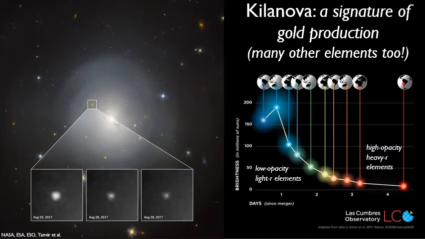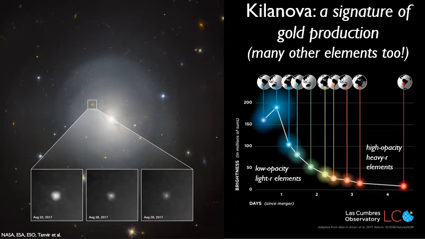And in terms of nucleosynthesis, the signature that we get is this beautiful thing called a kilonova that had been predicted previously but was finally observed with the first neutron star merger that we got gravitational waves with, which was kind of lucky. So the kilonova is about 1,000 times brighter than a nova. That's why it's called kilonova. There are other names for it too.